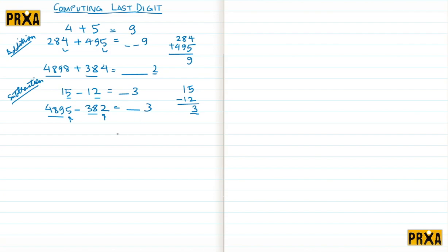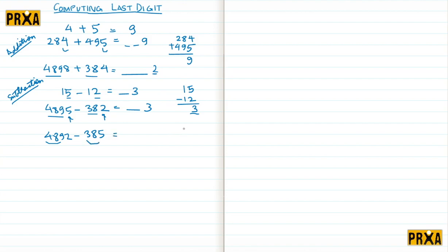However, what happens if the last digit of the number from which the other number is subtracted is smaller? Let's say I have 4892 minus 385. Just like I would ignore 489 and 38 in the other one, I would ignore them here too.